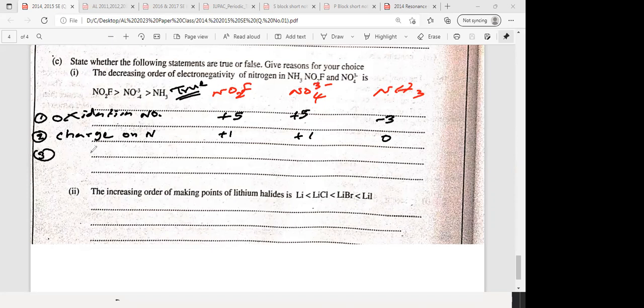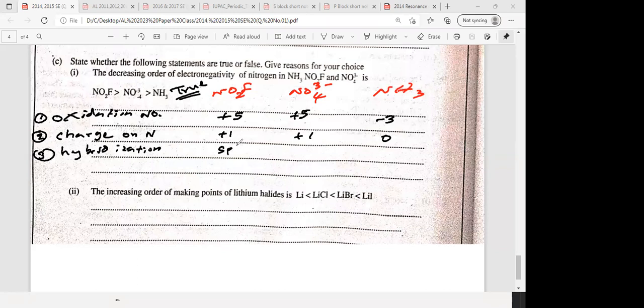By considering all this, then hybridization. Let's see the hybridization. What is the hybridization of this nitrogen? sp2.